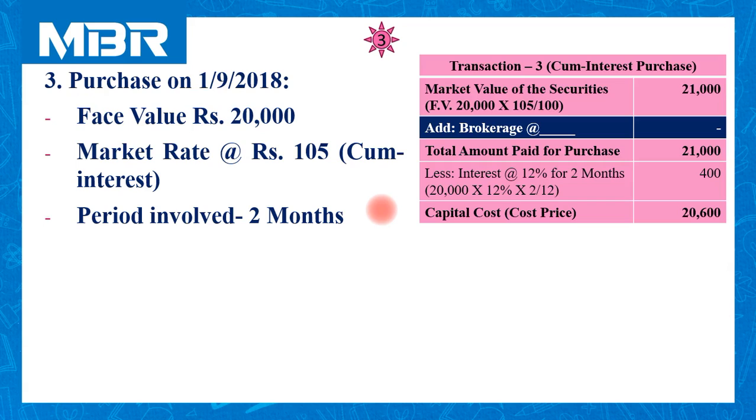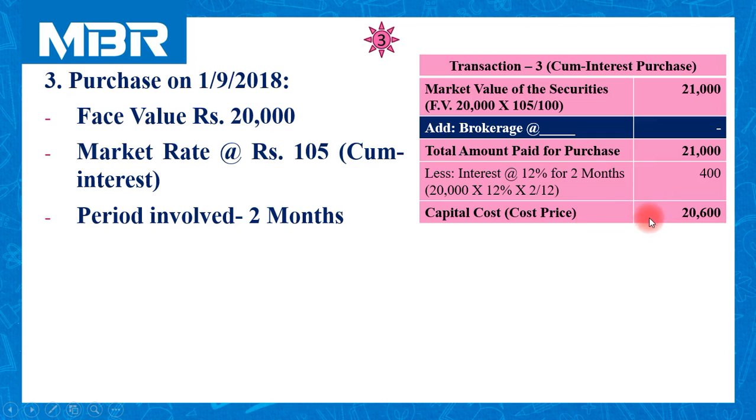Now we need to deduct amount of accrued interest on these transaction in order to calculate the capital cost. Interest is always calculated on face value. So 20,000 face value, 12% rate of interest, and period involved is 2 months. So amount of interest comes to rupees 400. Out of 21,000 rupees paid, 400 is for interest.